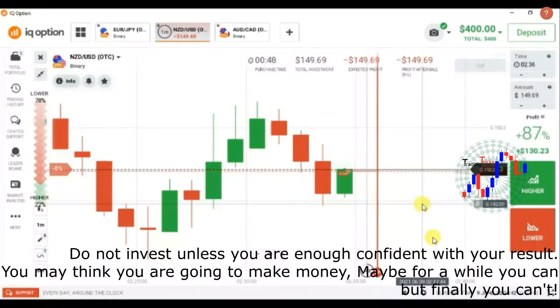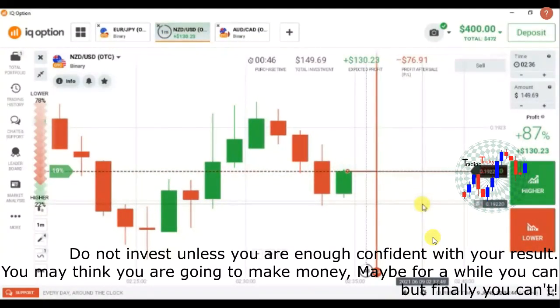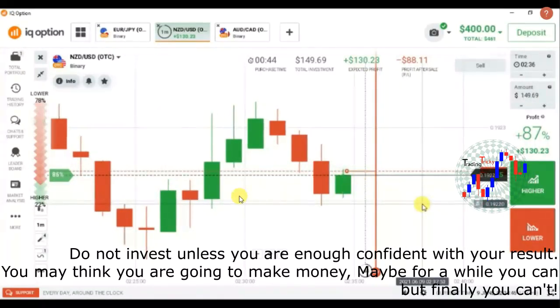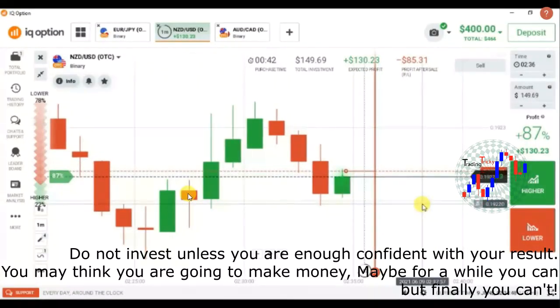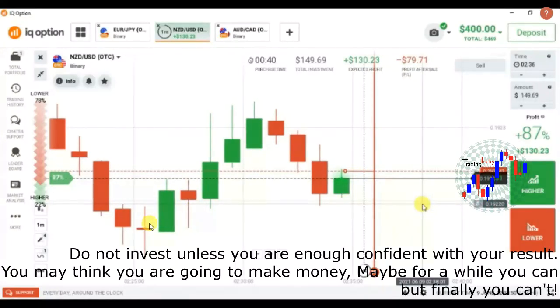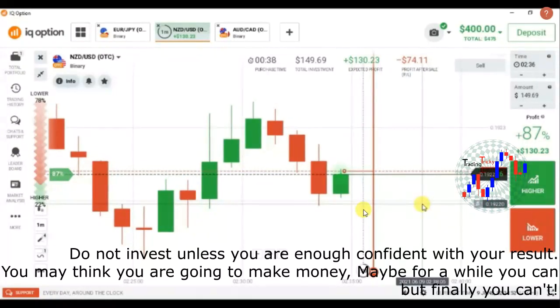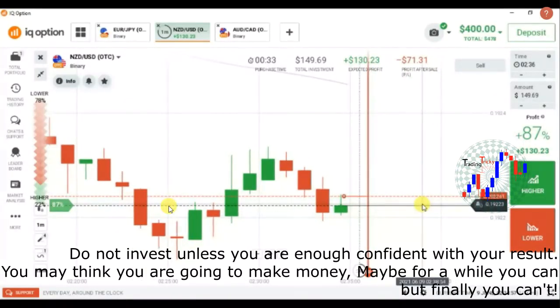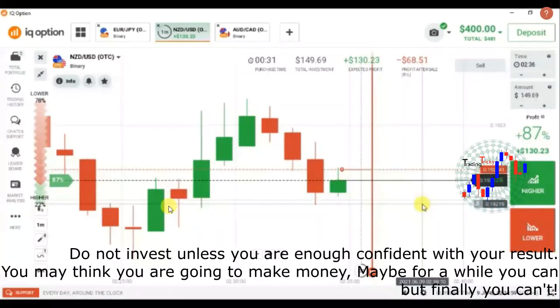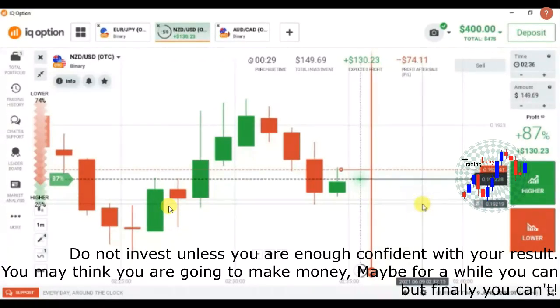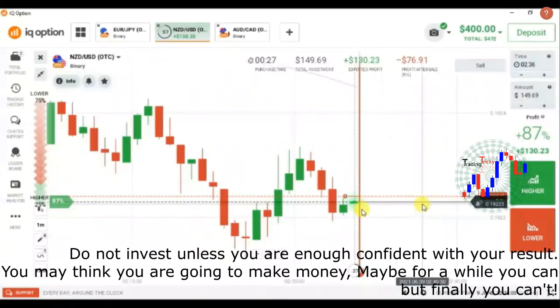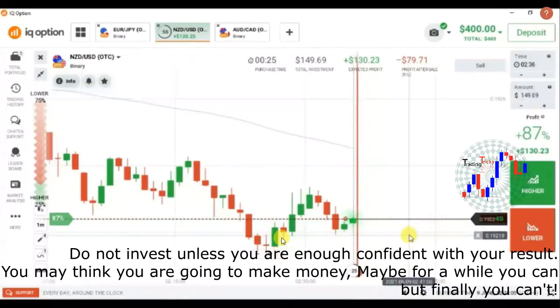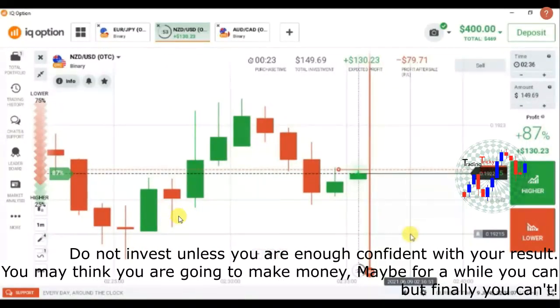Okay, see, I have placed a trade for the next minute because this candle is going to copy this candle, and after that we can expect this candle here. So let's see. This candle means just the opposite color. The candle can be a little smaller or bigger, but most of the time there will be a red candle, as we have seen a green candle on the left side.